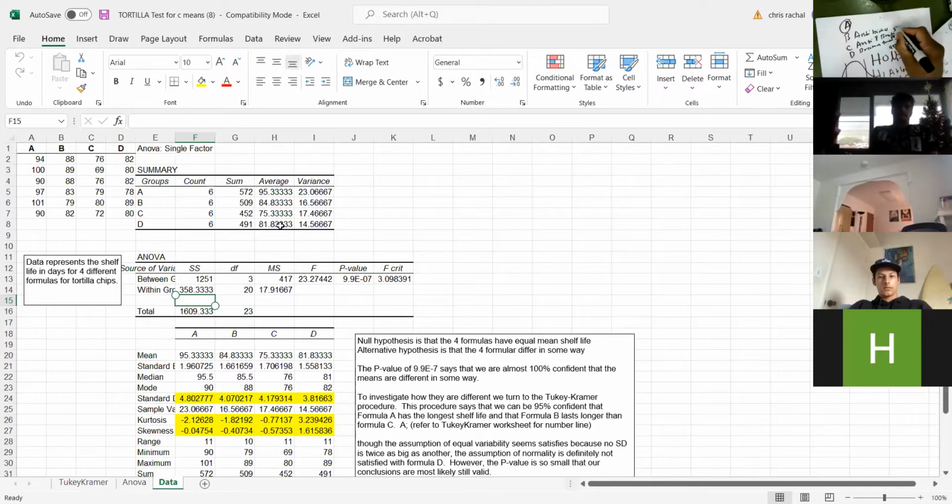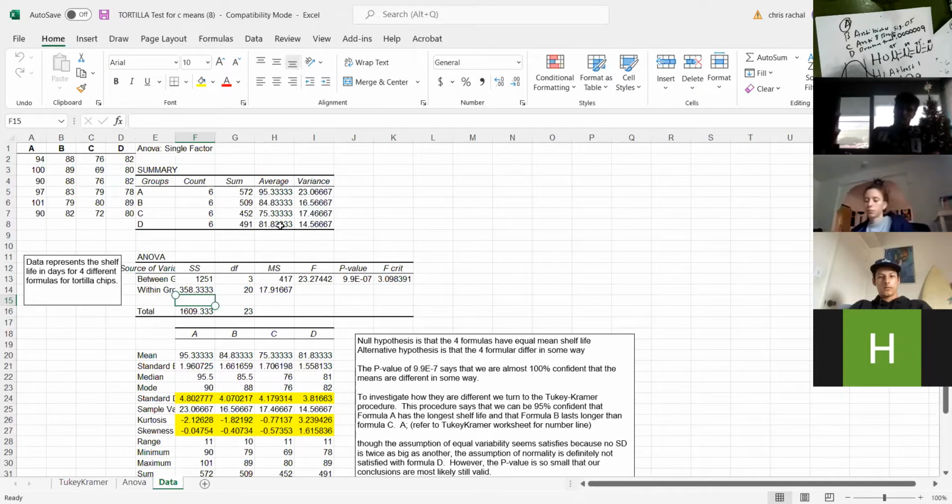Our level of significance is 0.05. Again, if our p-value is below our level of significance, we can reject our null hypothesis. If it's not, then you don't. If we have a p-value of 0.20, there's insufficient evidence to reject the null hypothesis. None of these treatments make any difference.